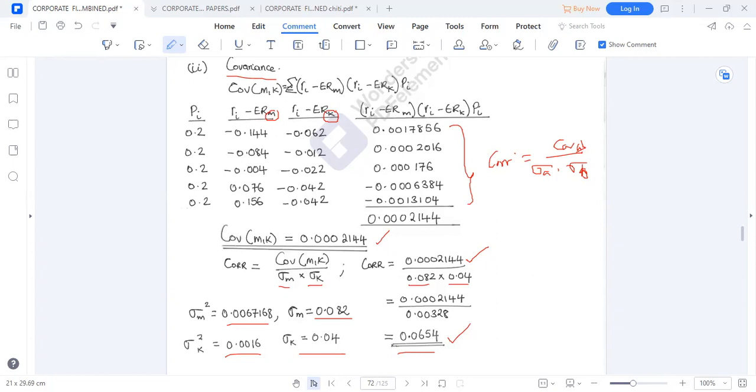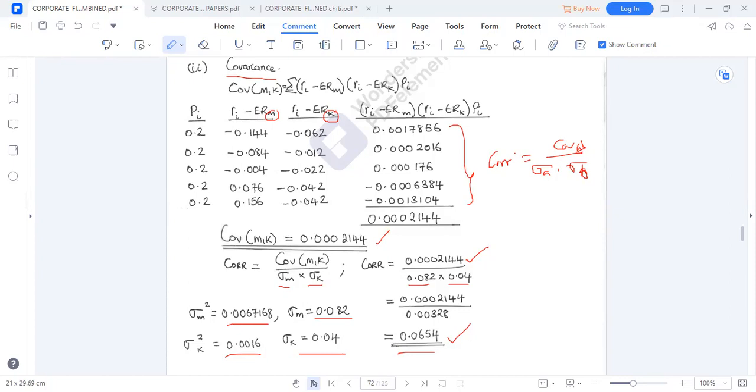If you get a negative covariance, it suggests that the returns are moving inversely. These covariances are calculated by weighting the products of the differences between the variables and their respective means. Correlation, on the other hand, is a standardized measure, which determines the strength and the direction of the relationship between the two variables.